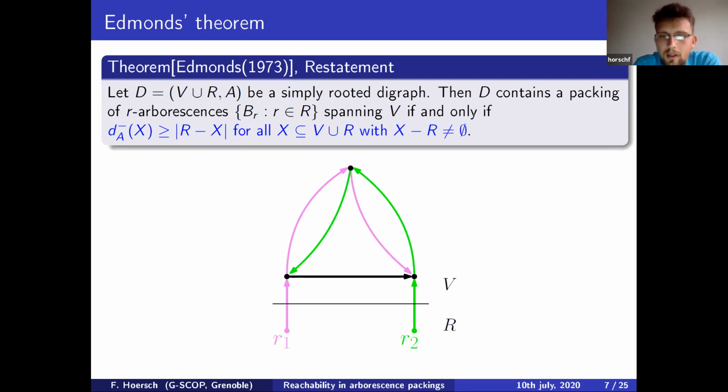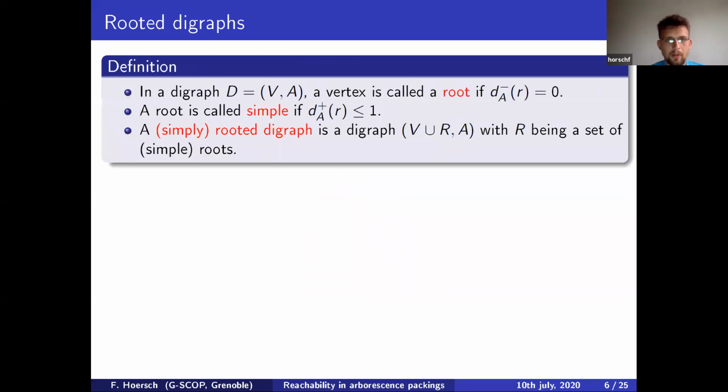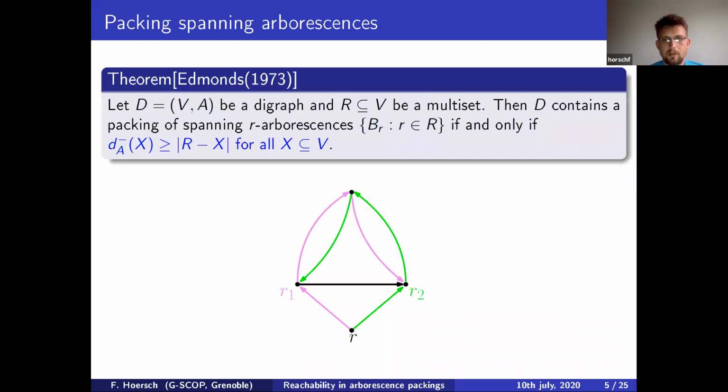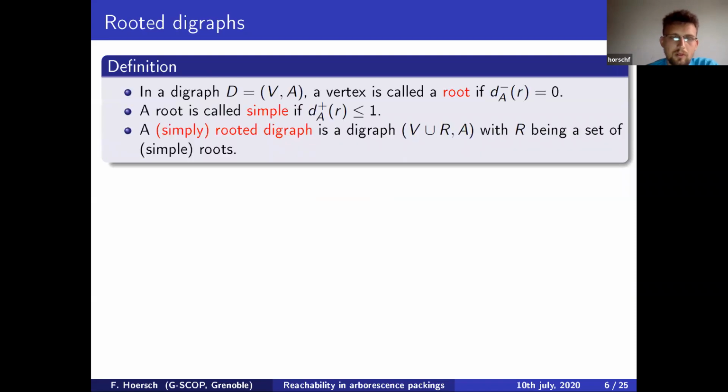Or vice versa, if I have that setting, I can take away my roots and say you start at the only out neighbor. So this is actually a restatement of the theorem I showed you two slides before.